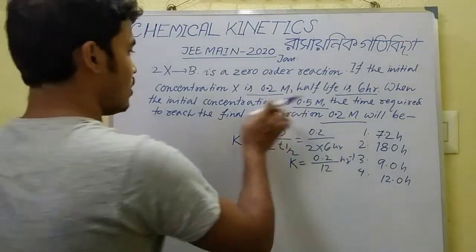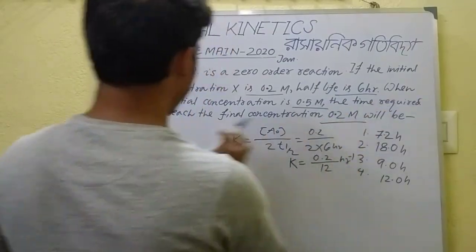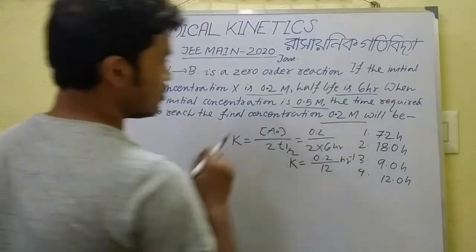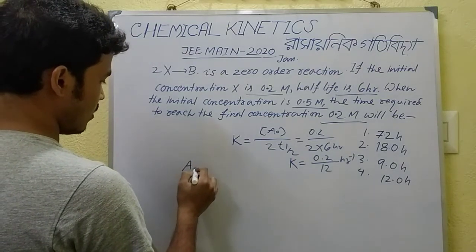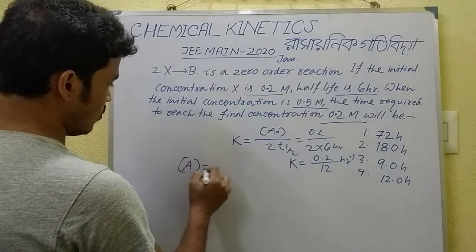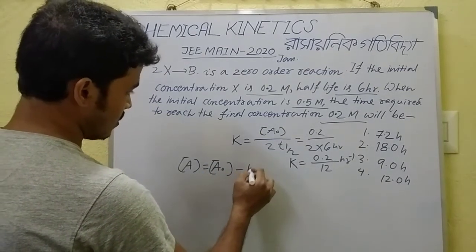Now the initial concentration is 0.5 and the time required to reach the final concentration 0.2. So again we just write the equation A is equal to A0 minus Kt.